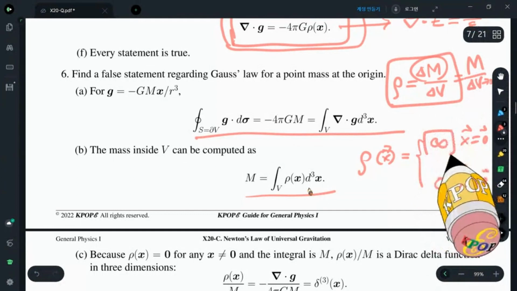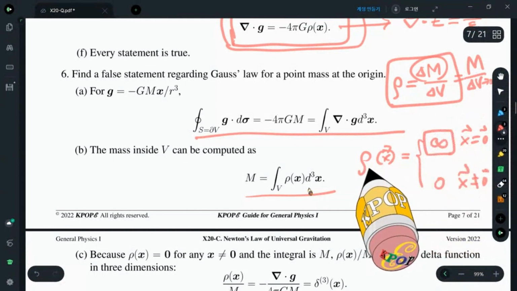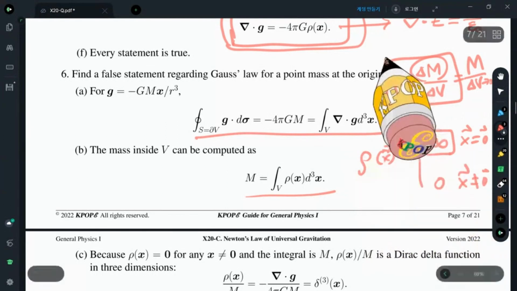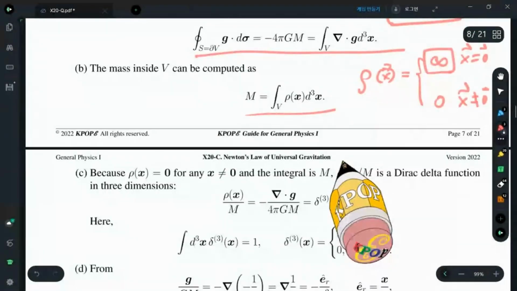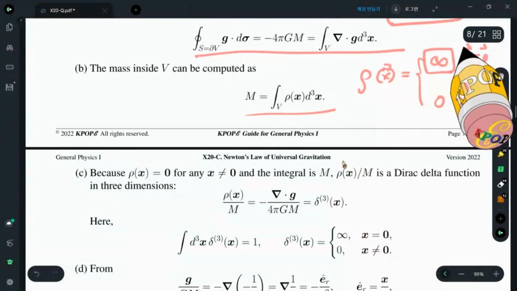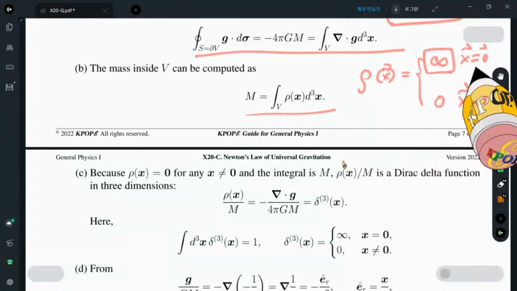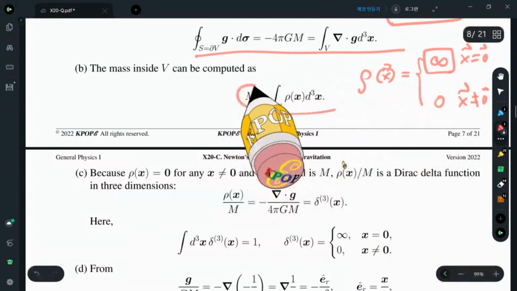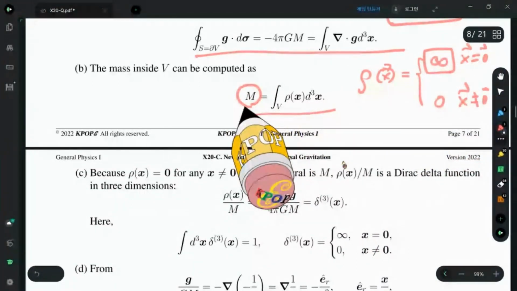That's the reason why this density is divergent as x goes to 0. However, it is not a serious catastrophic divergence because you still can integrate and we know the exact value of the mass.